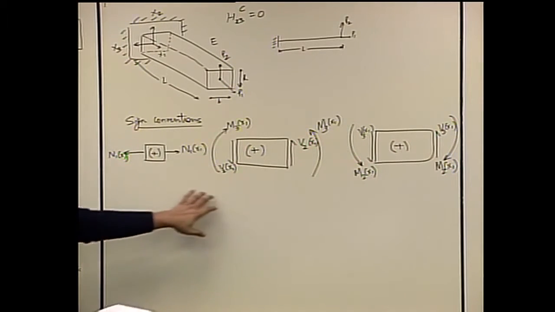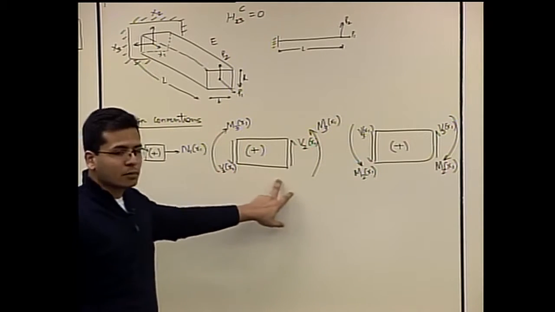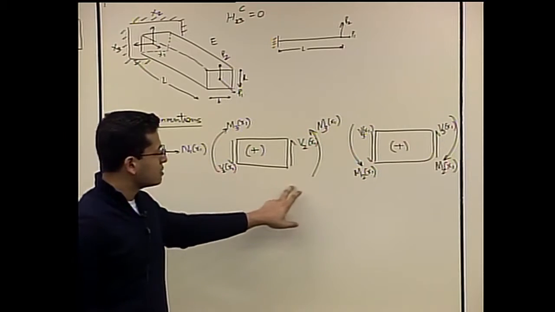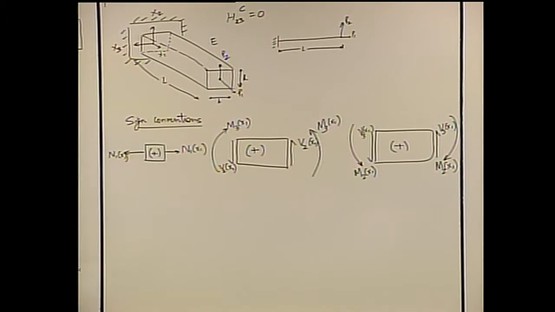So these are three different deformation modes. This is axial, this is moment about x3, this is moment about x2. So these are the sign conventions that we would be following throughout this course.